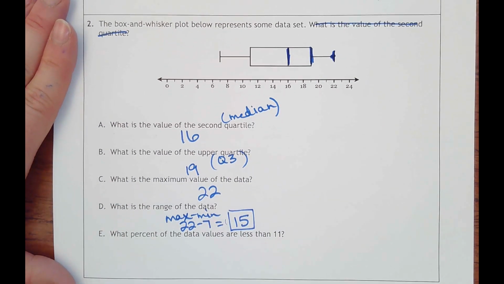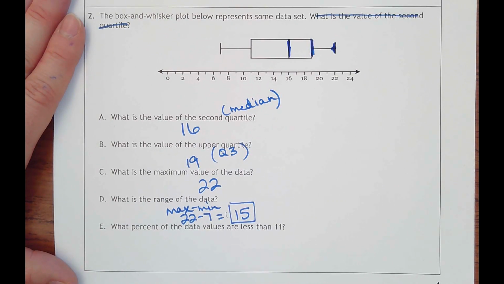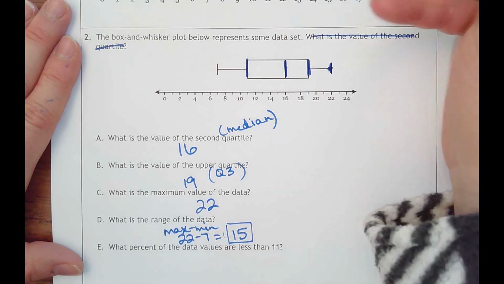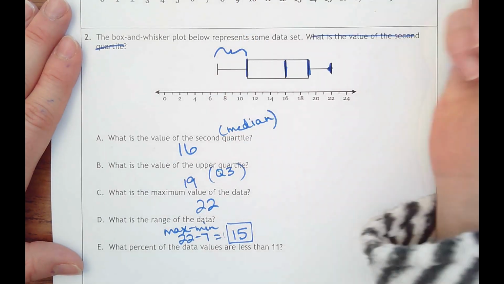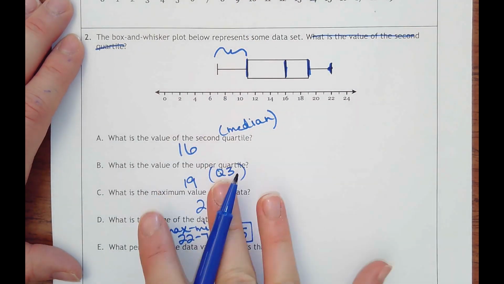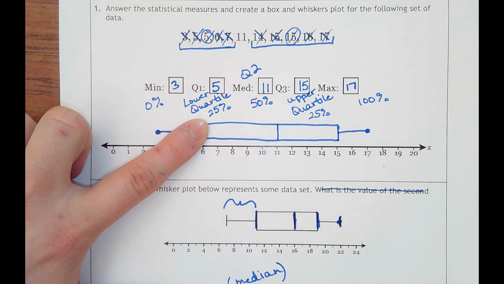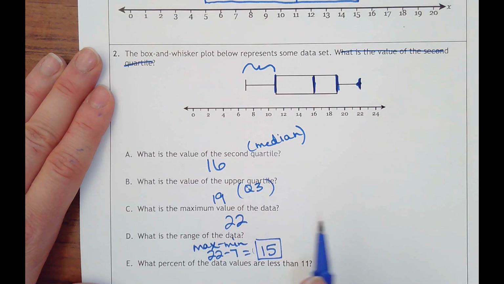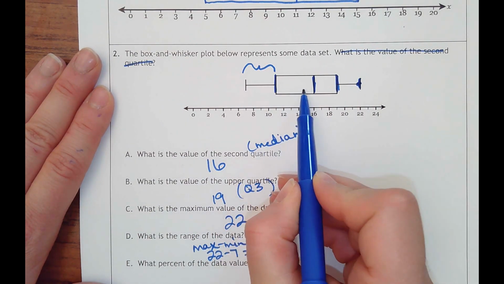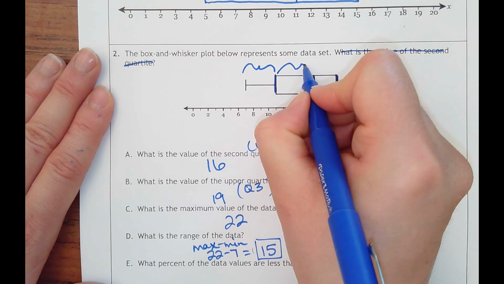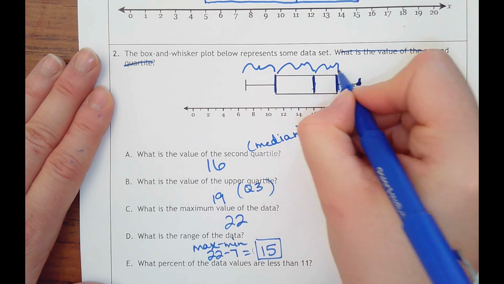And then part E says, what percent of the data values are less than 11? So 11's right here. What part is this? Well, from minimum to the lower quartile, we said is 25%. It's a fourth of the data. So this was a fourth. That's why that's 50. Here, I'll do it like this.